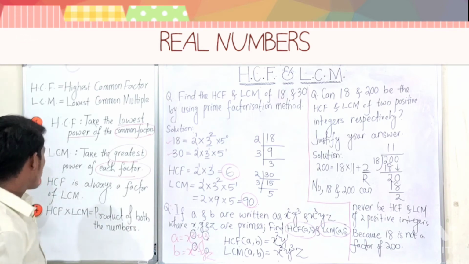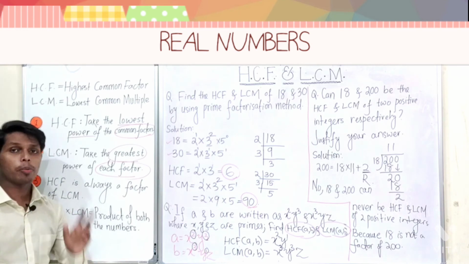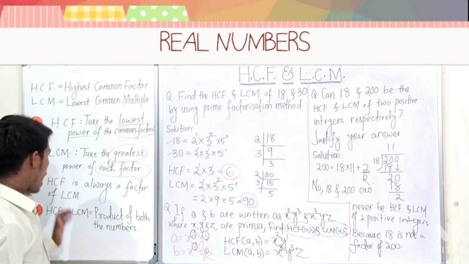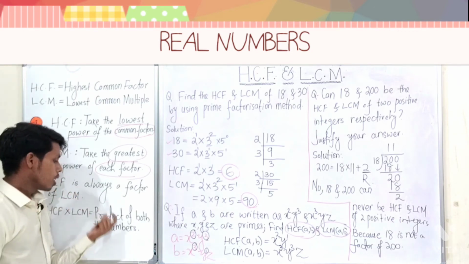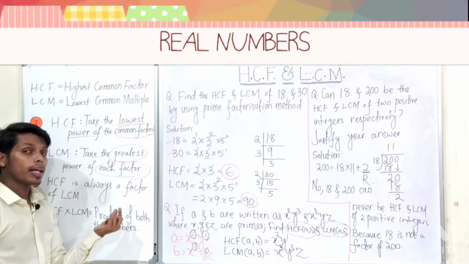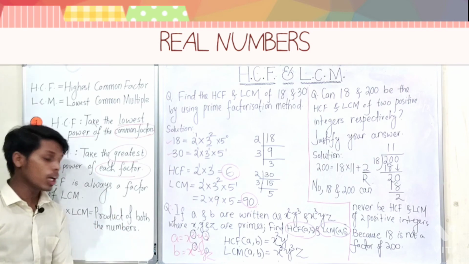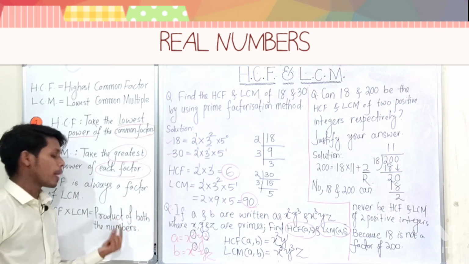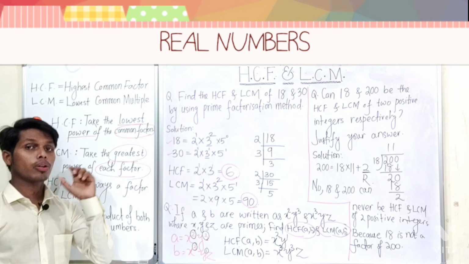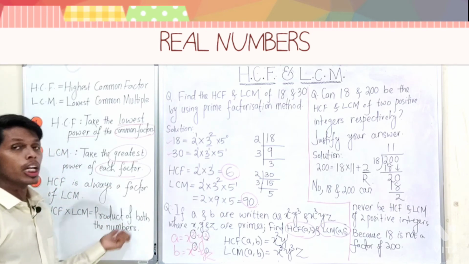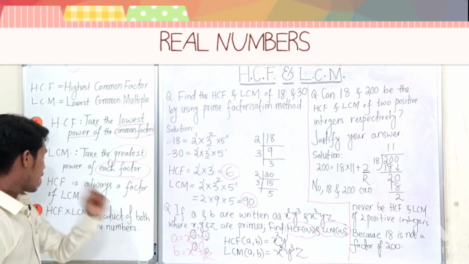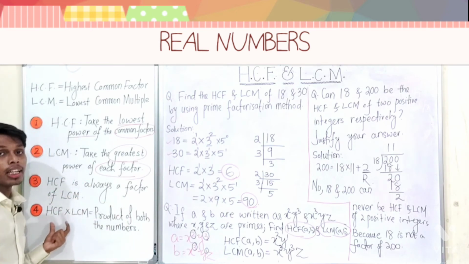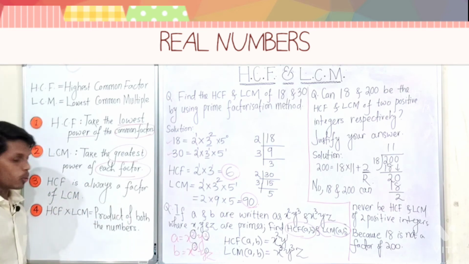It says if you find out HCF and LCM of two positive integers and you multiply those HCF and LCM that you found out, then you will get a number which is equal to the product of the given numbers. Means the numbers that were given in the question, if you multiply those two numbers, you will also get the same number that you got while multiplying the HCF and LCM together.